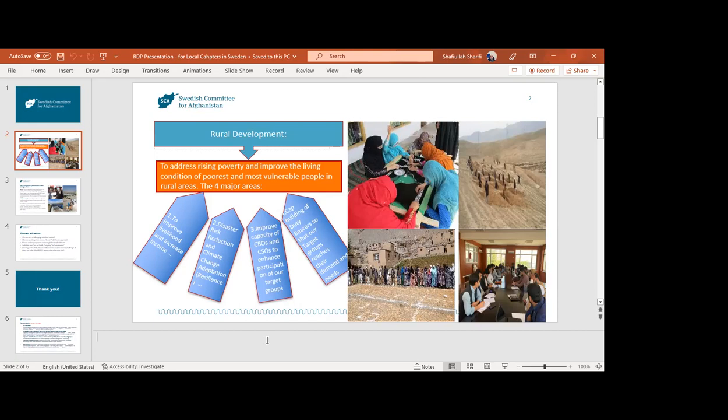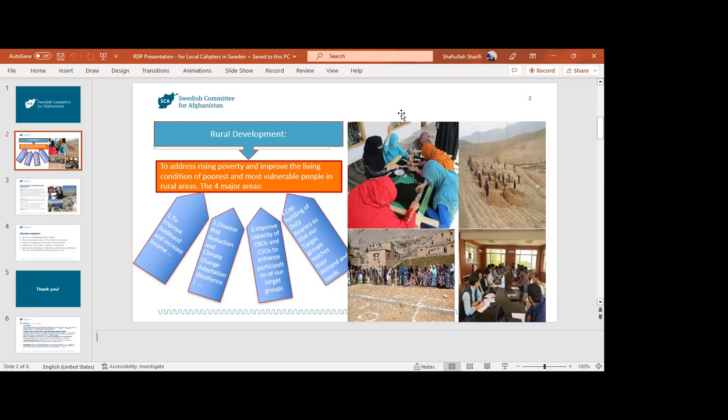We are in contact with them to raise their awareness, so that they know what the Swedish Committee is and why we are here, what we are doing. So we give them some technical knowledge, some skills training, and interaction with the rights holders. These are the main activities that we are working on in these four areas to reach the aim.